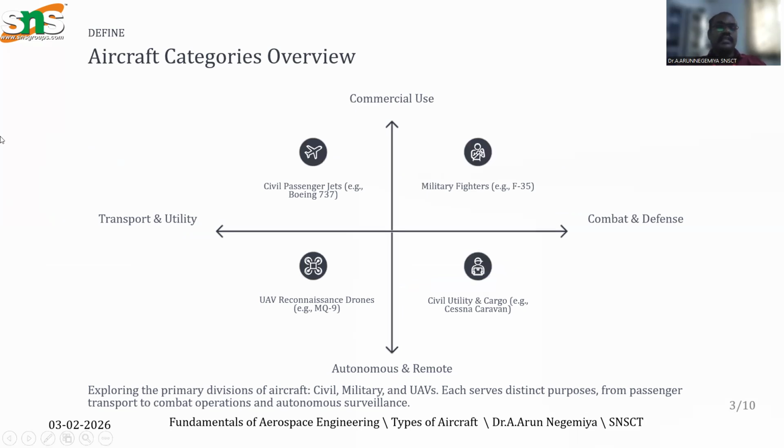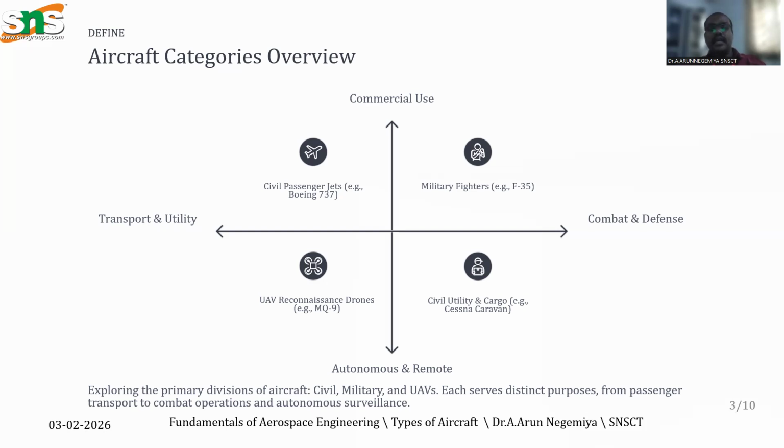Second one is aircraft. Generally, aircraft can be classified into the following cases: transport and utility, commercial use, combat and defense, and autonomous remote. Civil passenger jets like the Boeing 737 can be used for both purposes, commercial and transport.